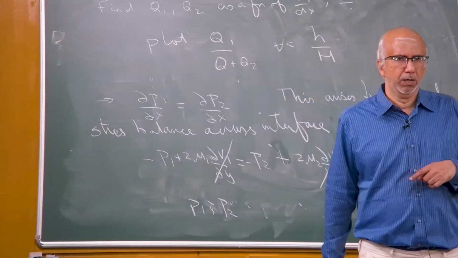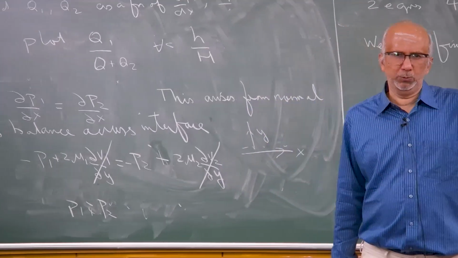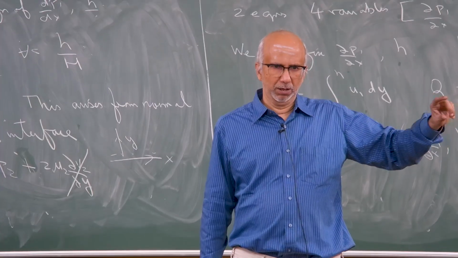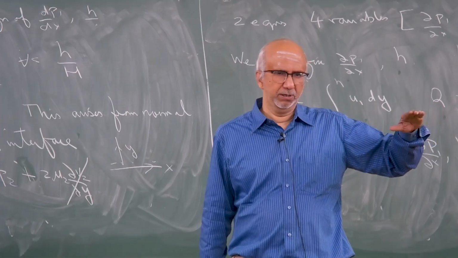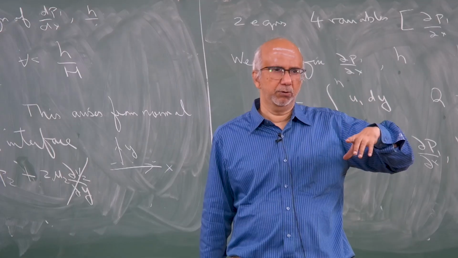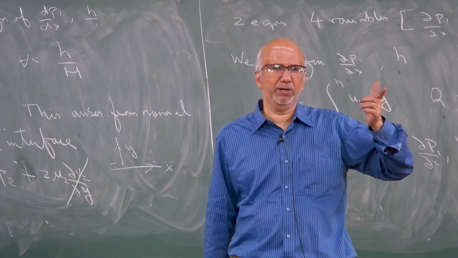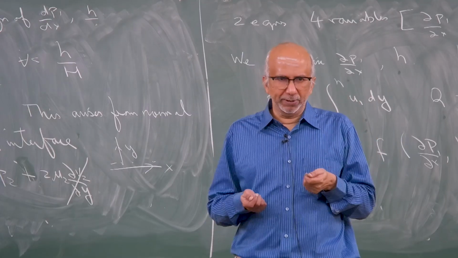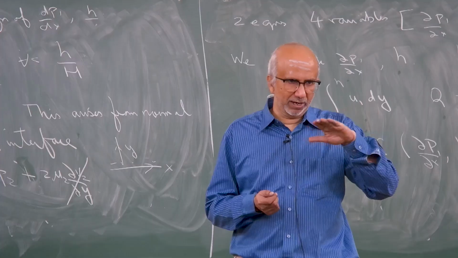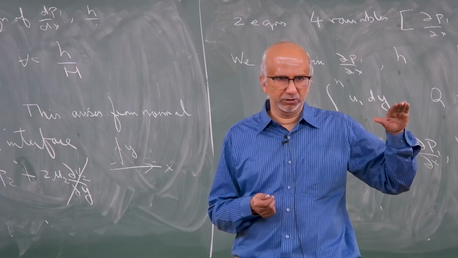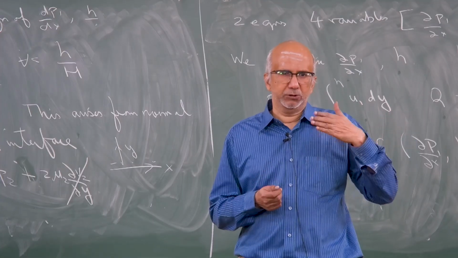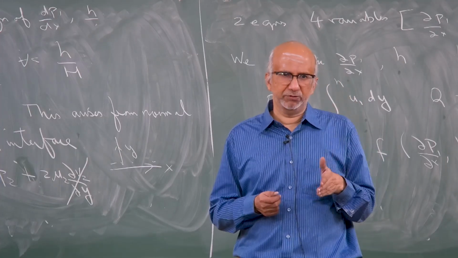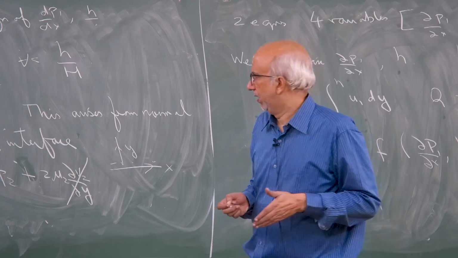So, you will get dP1 by dx in the first fluid, dP2 by dx in the second fluid, but because this interface is flat, the pressures are equal. So, dP1 by dx is equal to dP2 by dx. It is not that you can independently control them. If you want to have a flat interface, we are assuming a stratified flow, which means there is no pressure variation in the y direction at all, even across the interface.